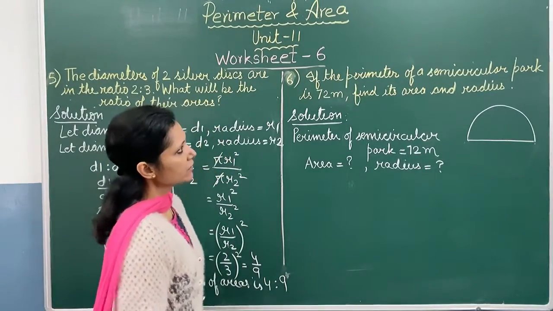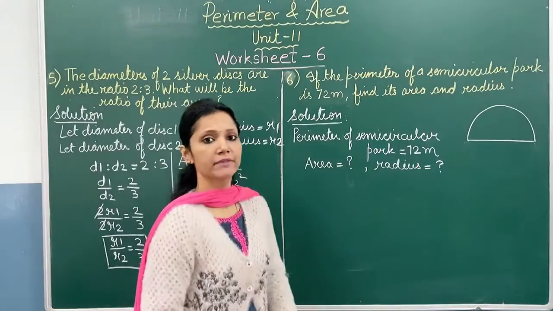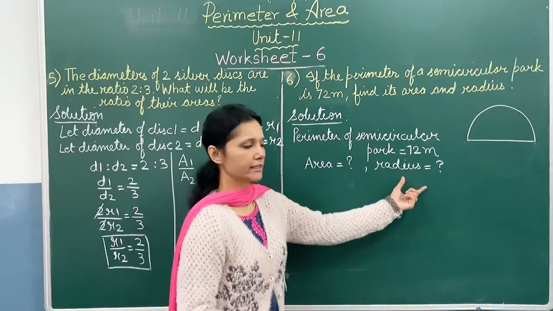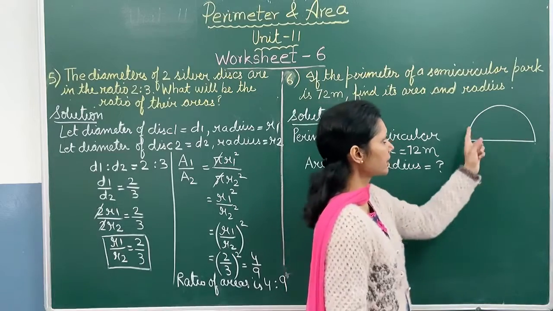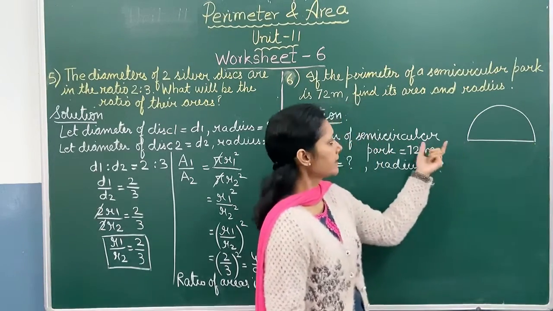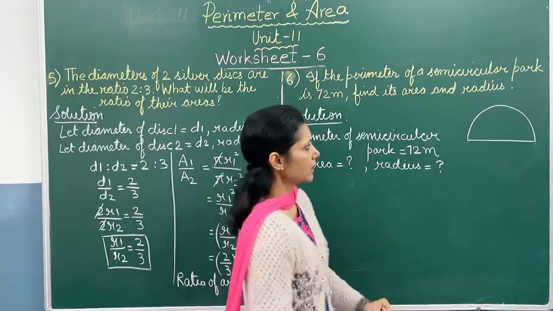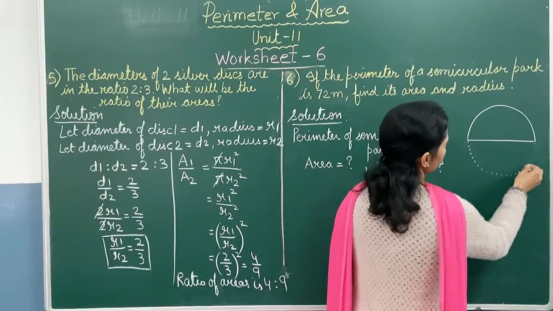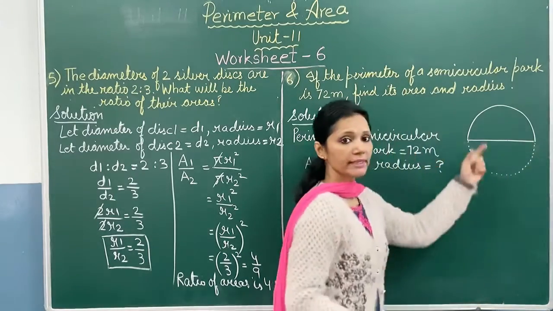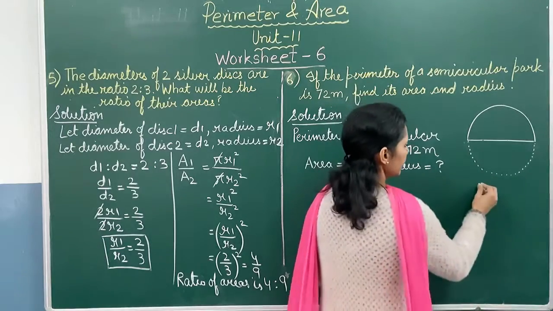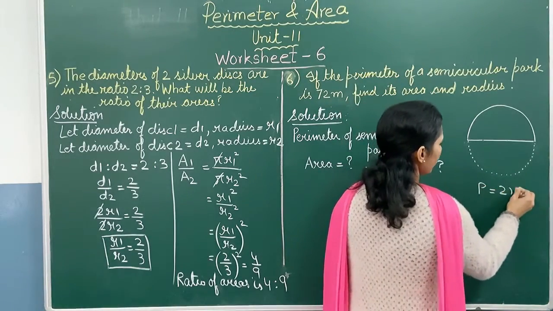If the perimeter of a semicircular park is 72 meters, find the area and the radius. So I have drawn here a semicircular park. The perimeter, that means the length of the boundary, is 72 meters. So now if I make it into a complete circle, you know that the perimeter of a complete circle, the length of the boundary, is equal to 2 pi r.